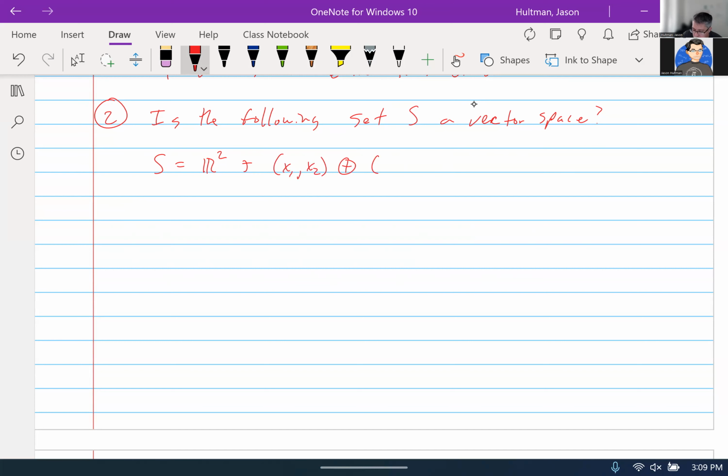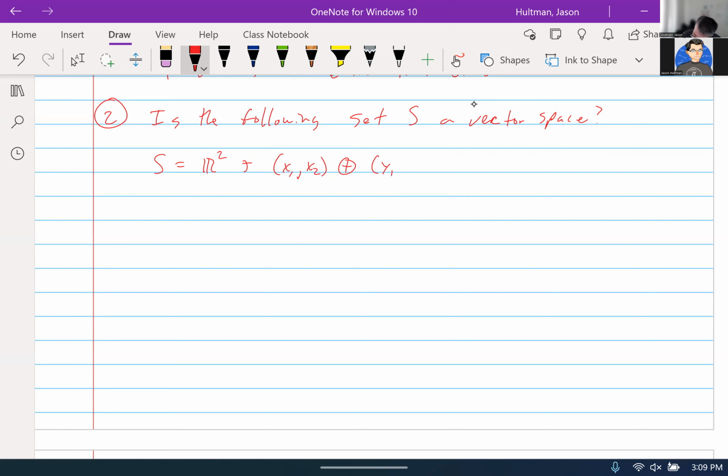This circle plus just means we're defining what that addition property does. For this set S, that operation circle plus is going to be our addition operation.